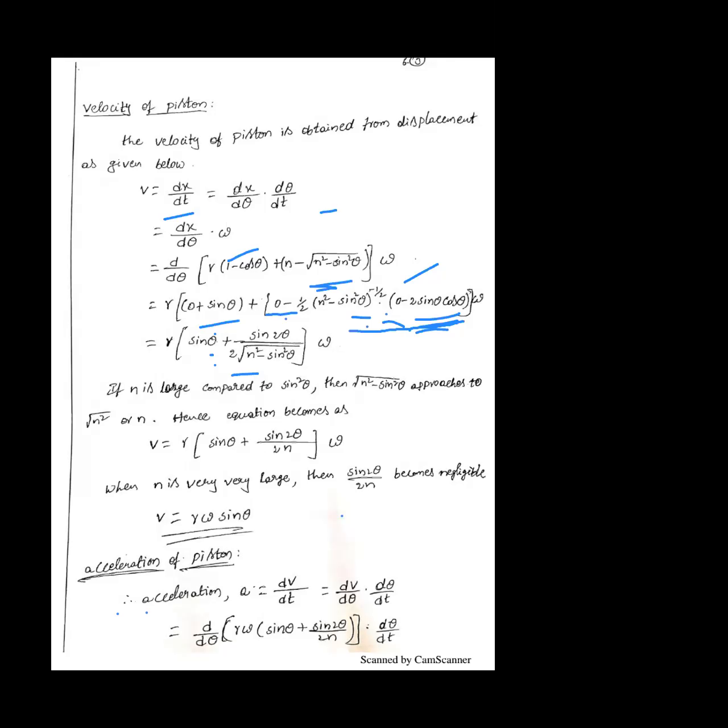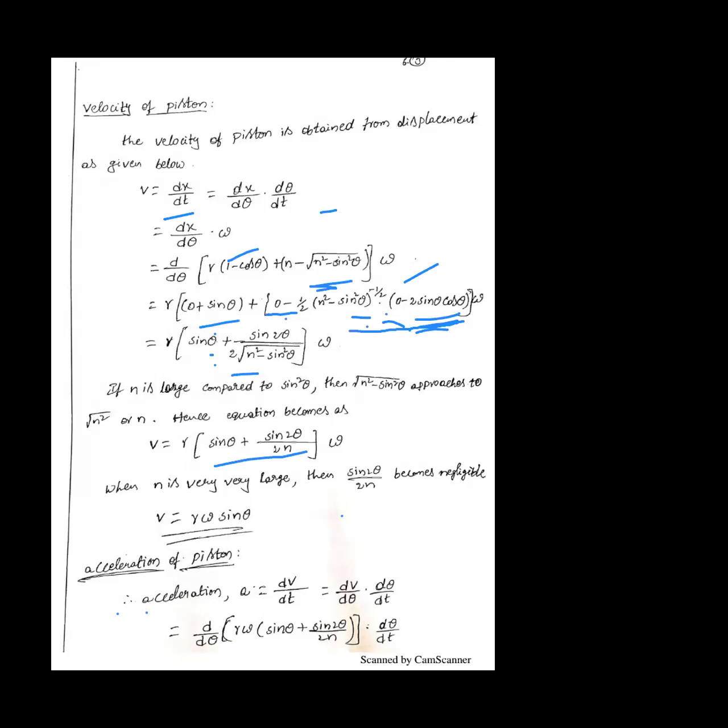Again, they may also take some conditions. If n is large compared to sin square theta, then square root of n square minus sin square theta approaches square root of n square, which is written as n. Hence the equation becomes, just observe.